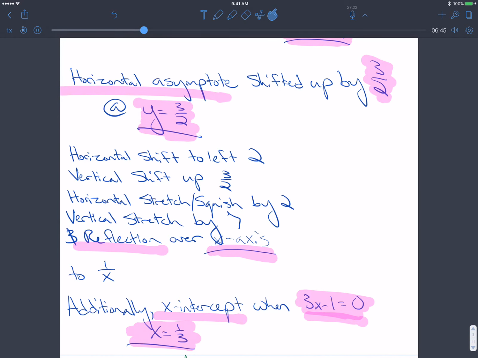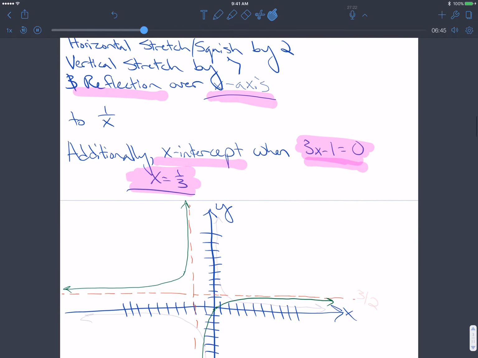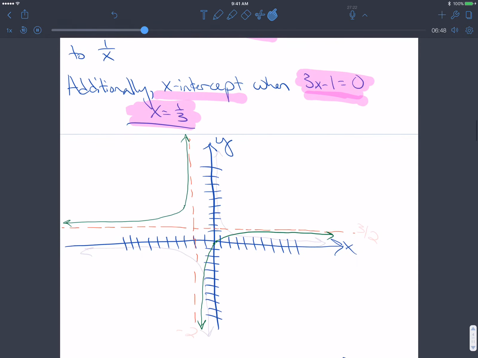So I have sketched in the graph, and you can see that if you recall, 1 over x looked an awful lot like this. I'm just going to sketch it in here, very rough, not very pretty, in purple. So you can see what has happened here.